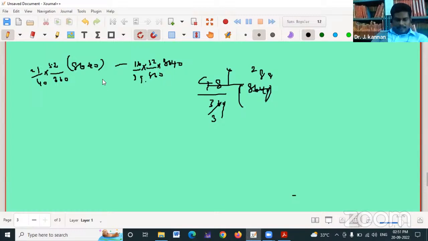So the answer is 655.2 plus 512. So that is the answer, 1167 crore.